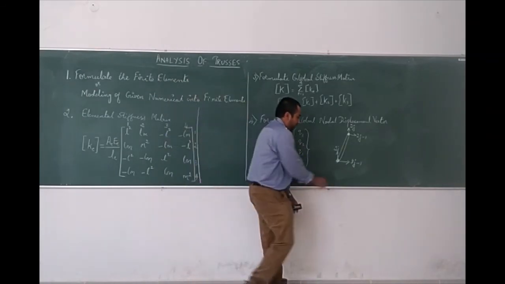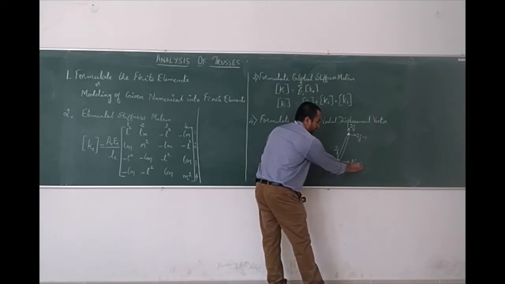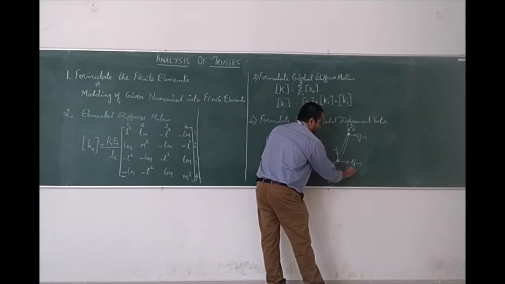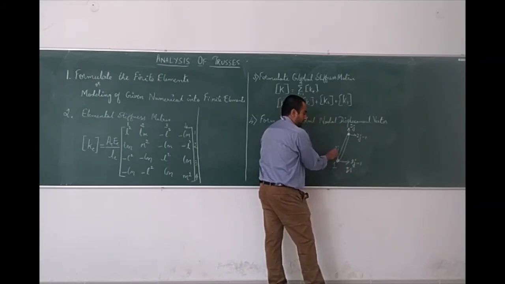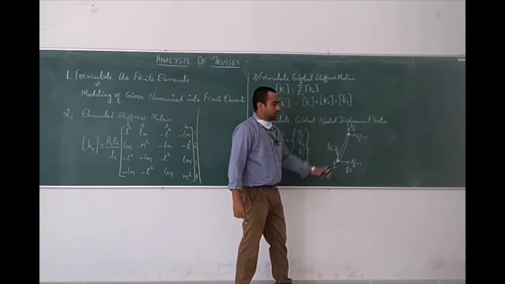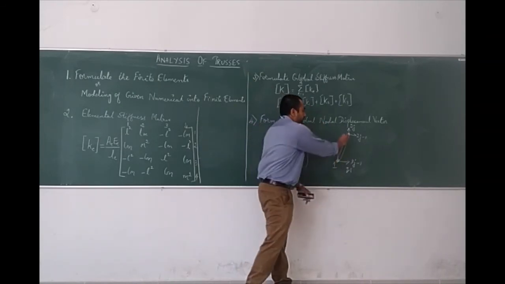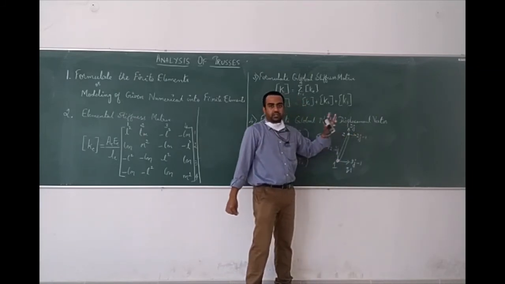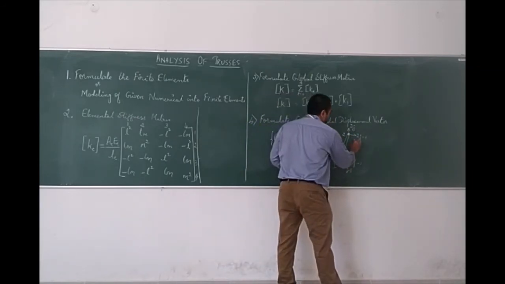For element number 1, 2 into 1 minus 1 is 1. So Q1 comes here, 2 into 1 is 2, Q2 will be along y direction. For the second node, 2 into 2 is 4, 4 minus 1 is 3. So this is Q3.